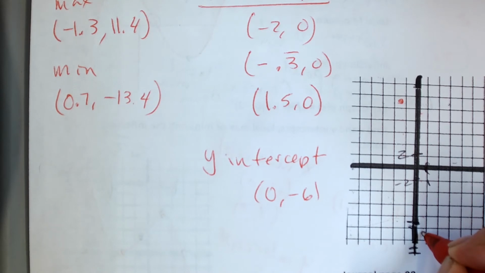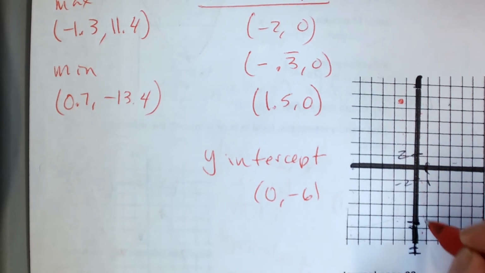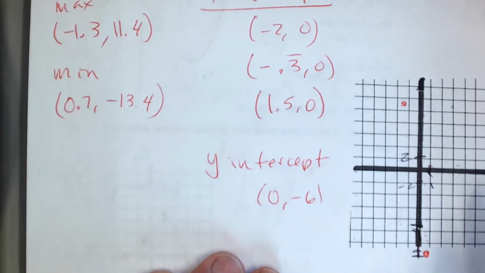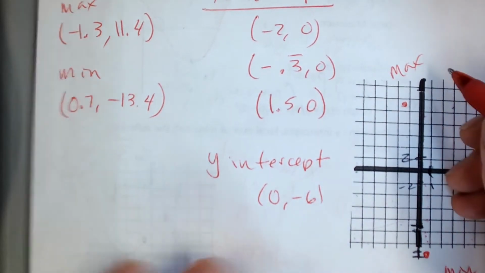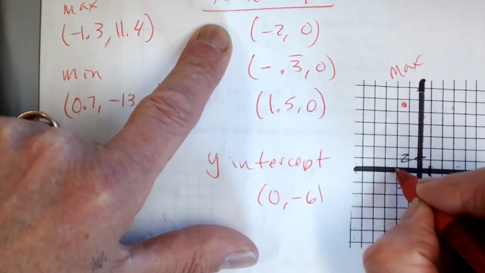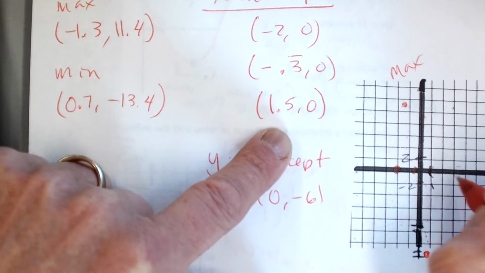I'm going the wrong way. Okay, no wonder. 2, 4, 6, 8, 10, 12, 13.4, maybe right about there, okay? So I got my max, I got my min. So now let's get my x-intercepts. Negative 2, 0. I've got a negative 0.30, and I got a 1.50.